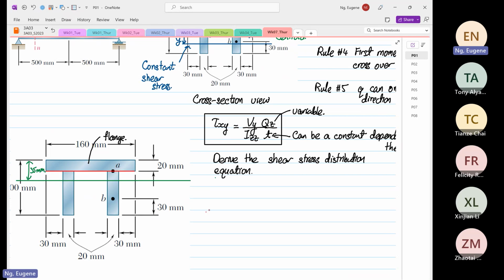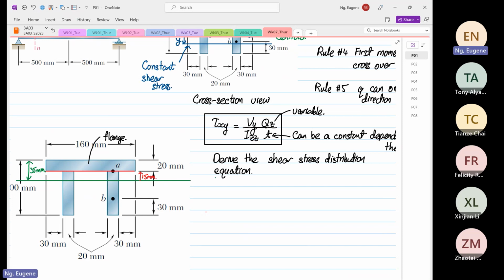So the distance from here to here is 15 millimeters. Why? Because 35 minus 20 is 15 millimeters.